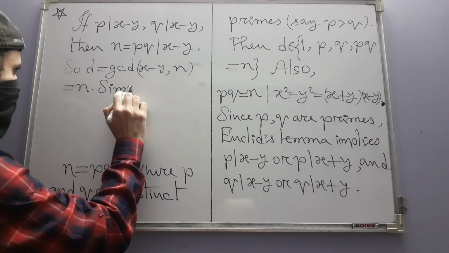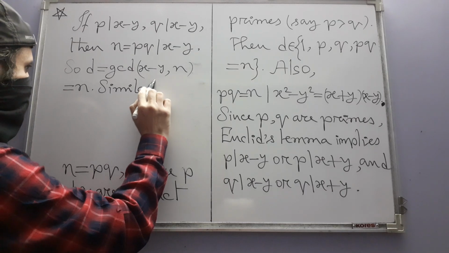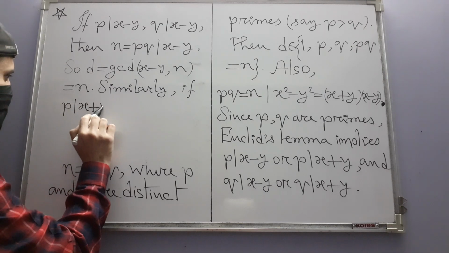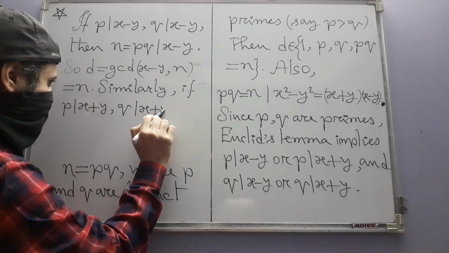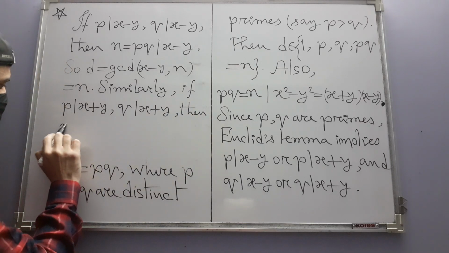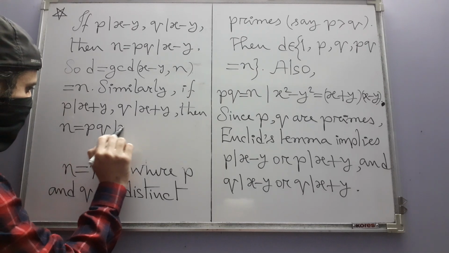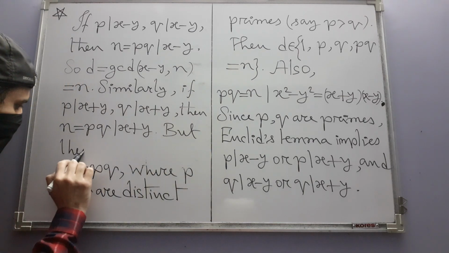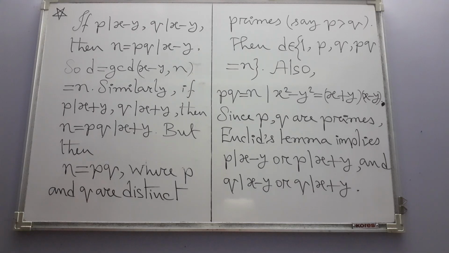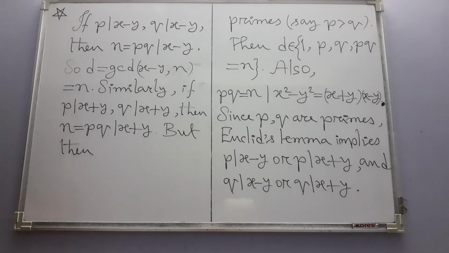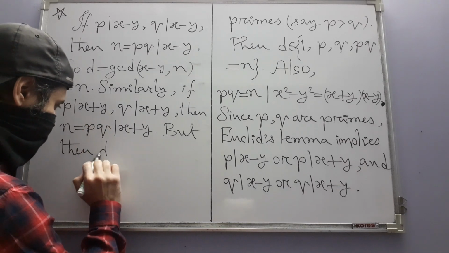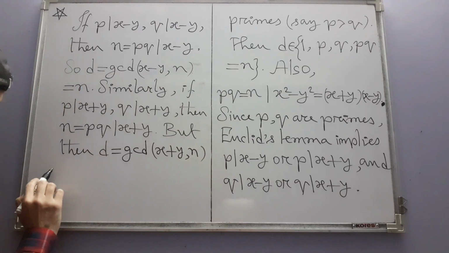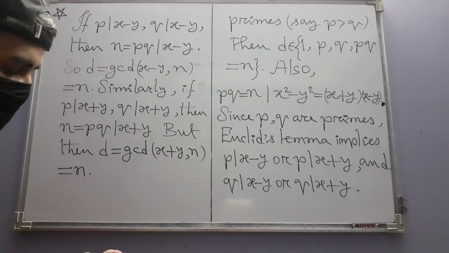Similarly, if P and Q both divide x plus y, then n also divides x plus y, but then that other D becomes equal to n. This is also something we do not want.